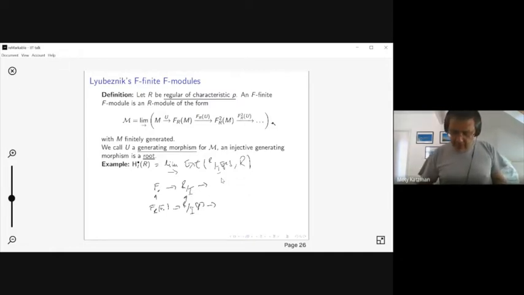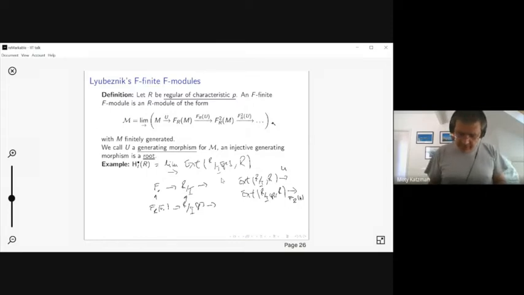So that gives you a map from Ext of R mod I R to Ext of R mod I to the p R. Let's call this map U. And the next map, I claim, is the Frobenius functor applied to U. Because how do you get the next map?